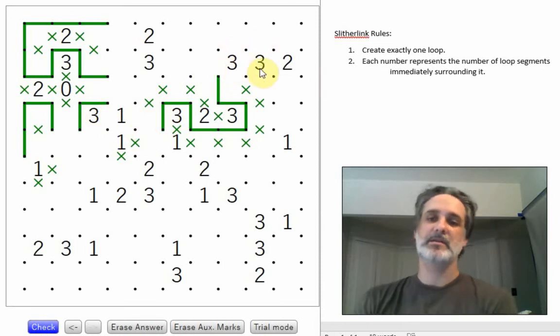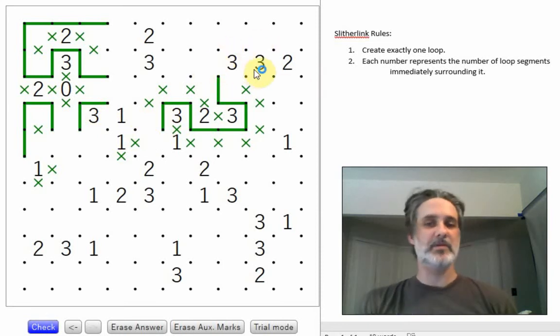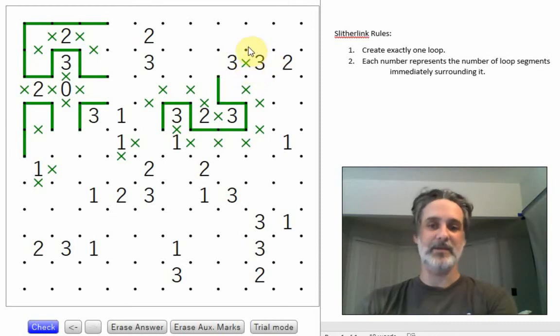Now this combination of 3s, whenever 2 3s are next to each other, either diagonally, like down here, which we'll get to, or orthogonally, they will give you information, and they're always a good starting point. I didn't start there, but it's a good starting point. So if I have 2 3s next to each other, I cannot place a non-segment between them. That would force a loop to be completed around those 3s.